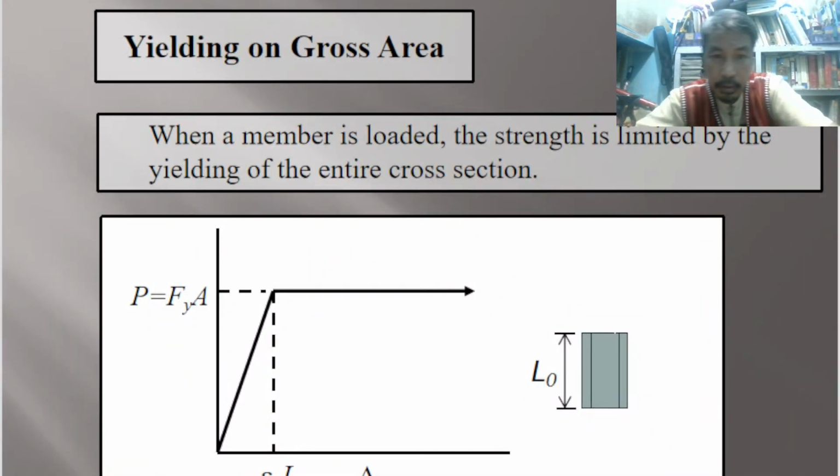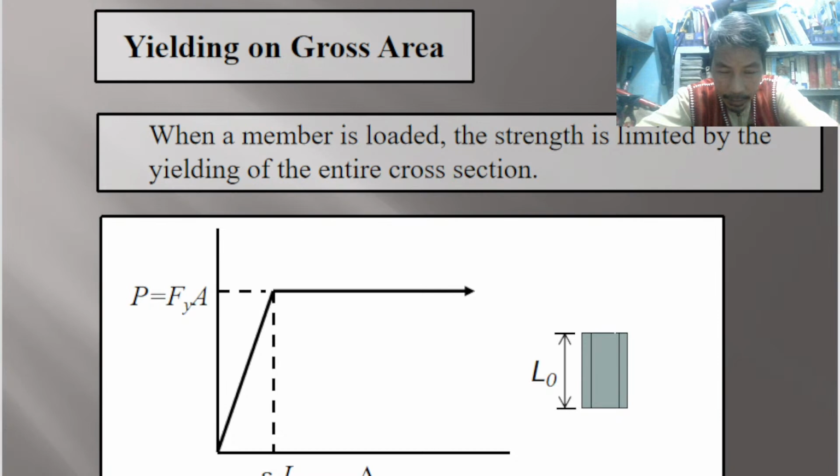You just have to take a look that when a member is loaded, the strength is limited by the yielding of the entire cross section. Okay? Entire cross section. So in this drawing, it is the side view of a W section. L0 is our length of the section.